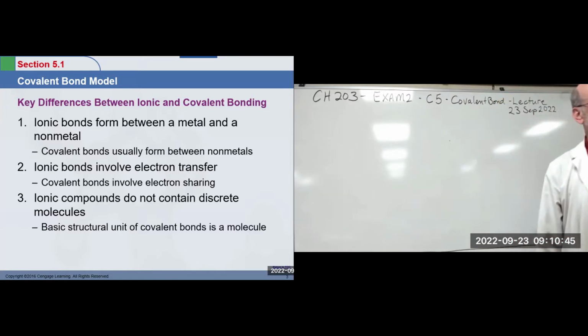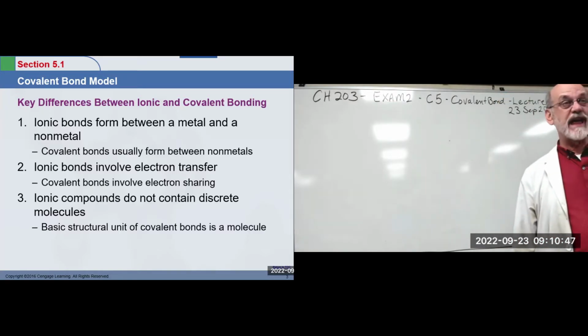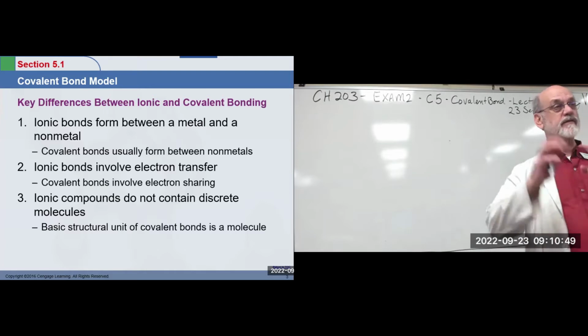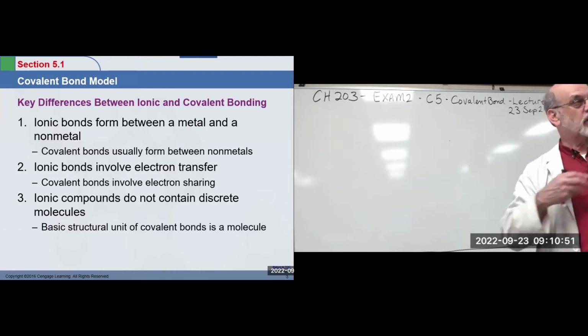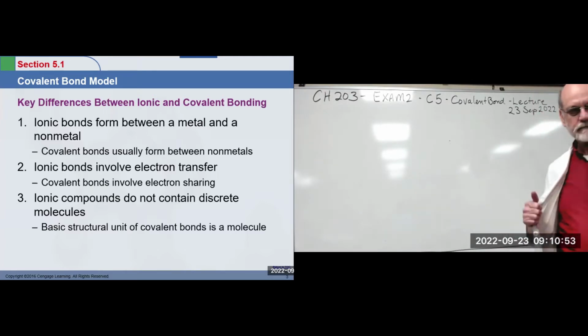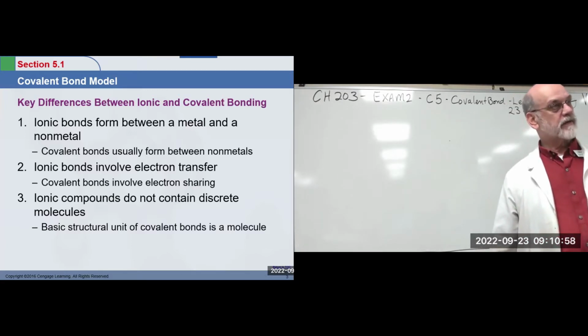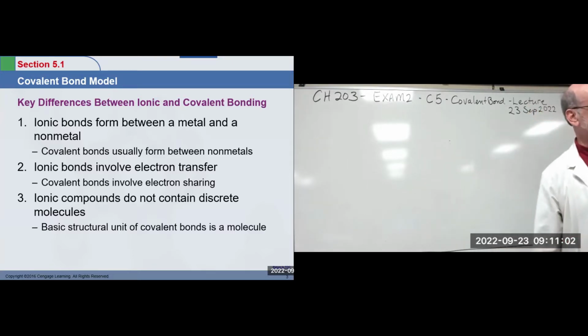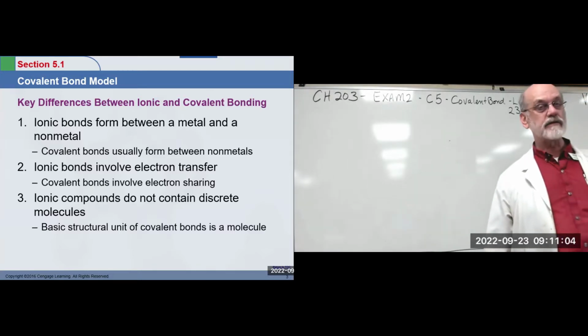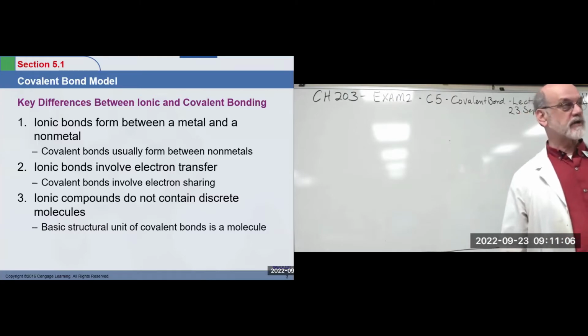They form more of a crystal lattice, we call it, where you have positives and negatives distributed in an orderly fashion. So when we write ionic compounds, we have to write the simplest whole number ratio of the ions, the cations and the anions, together as an expression of the ratio of charges.